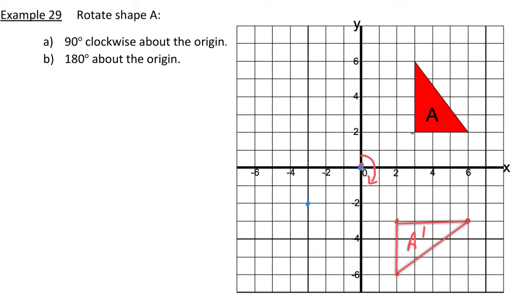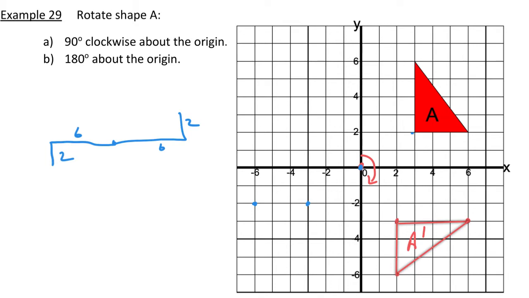Then for the furthermost point, from the origin, we go right 6 and up 2. And that rotated is going to be left 6 and down 2. So left 6 and down 2 gives us a point of minus 6, minus 2.